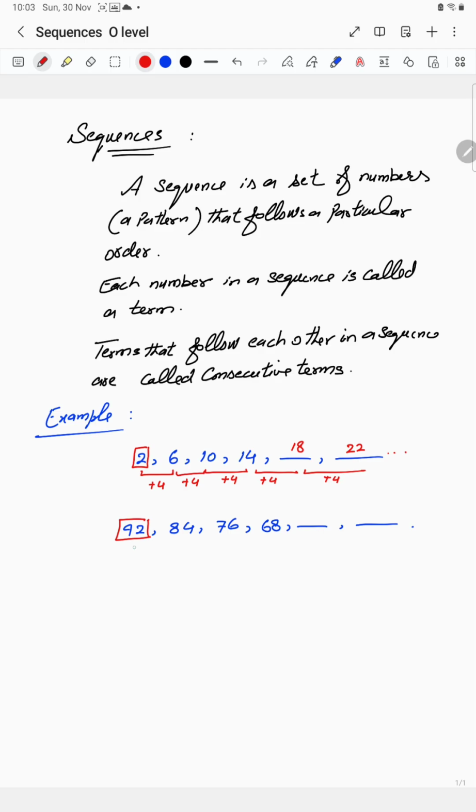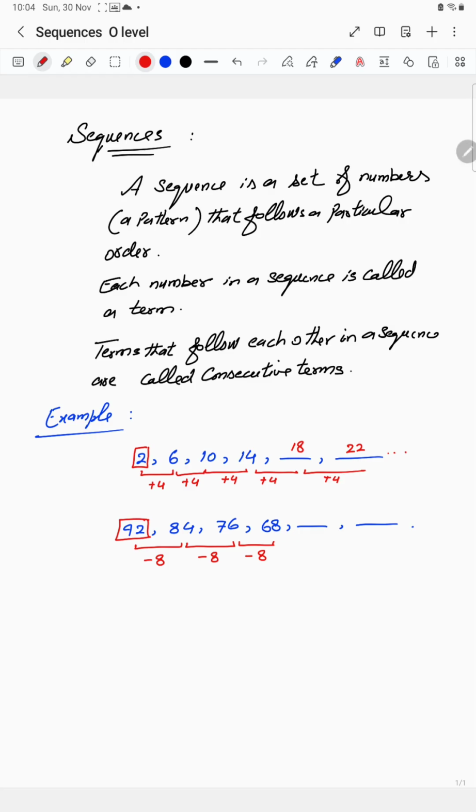Similarly, here the numbers seem to be decreasing. From 92 to 84 the difference is minus 8, then 84 to 76 is minus 8 again, and minus 8 again. So each time you subtract 8 from the current term to get the next term.